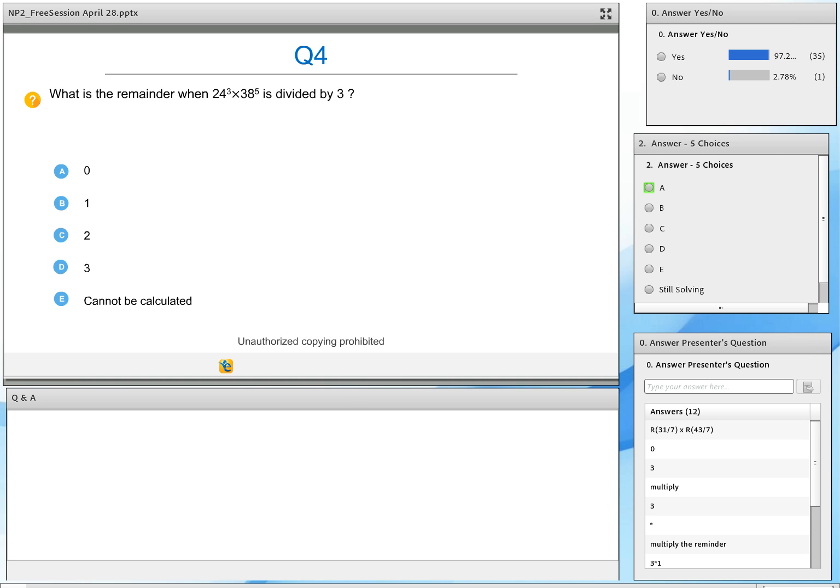All right. Last 10 seconds. Okay. I'm going to end the poll now. Tell me the method that you guys use to solve this question.